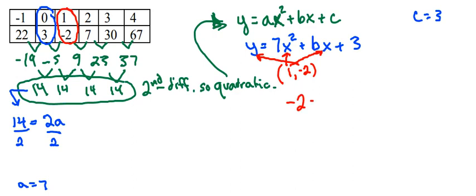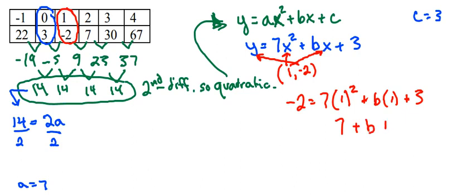Okay, so the y value is negative 2, the x value is 1. So you get negative 2 equals 7 times 1 squared plus b times 1 plus 3. Every time I came to an x, I wrote 1. Every time I came to a y, I wrote negative 2. b has to have a value to make this a true statement. If it doesn't, then this isn't the function that models that data. And the reason I choose the ordered pair when x is 1 is because it simplifies to what I have in blue here, just without the x's, without the x squared and the x.